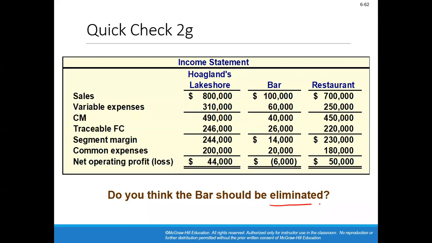If we eliminate the bar, if we stop the bar, why have you stopped the bar? Because you have thought that the bar is a loss-making business. Now, what do you expect if you stop the bar? Higher net operating profit or lower net operating profit?